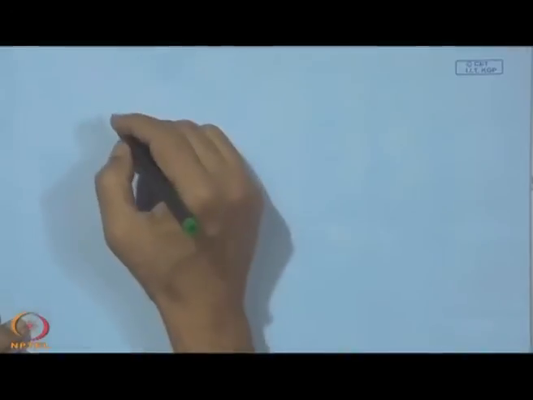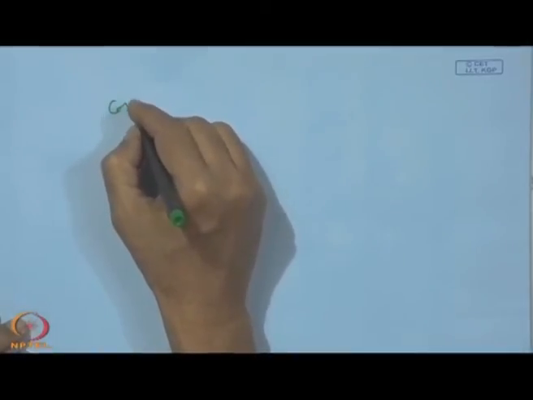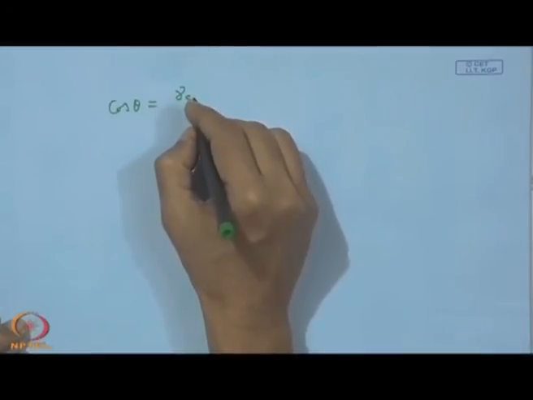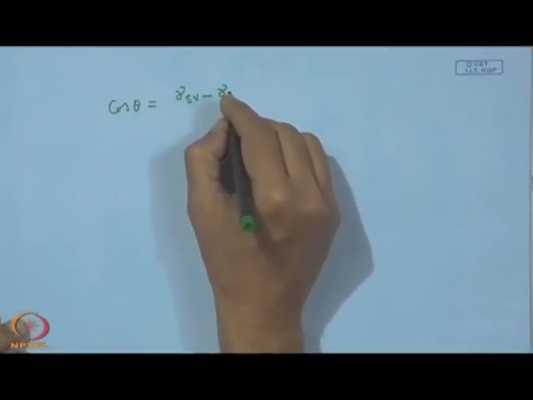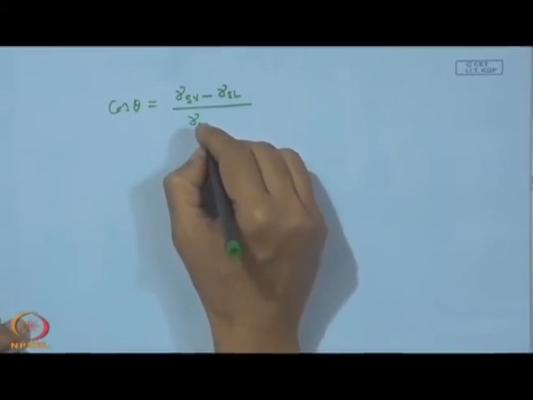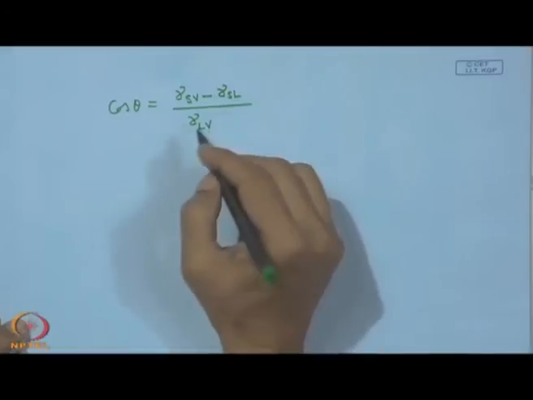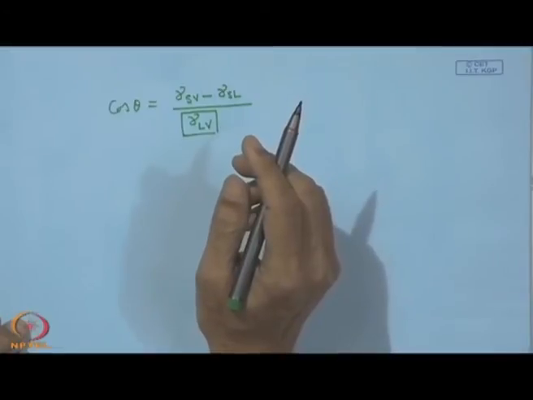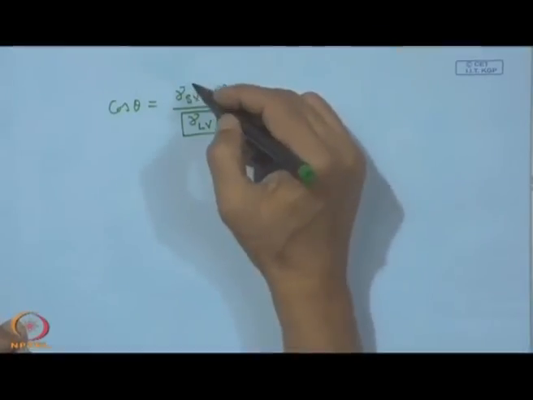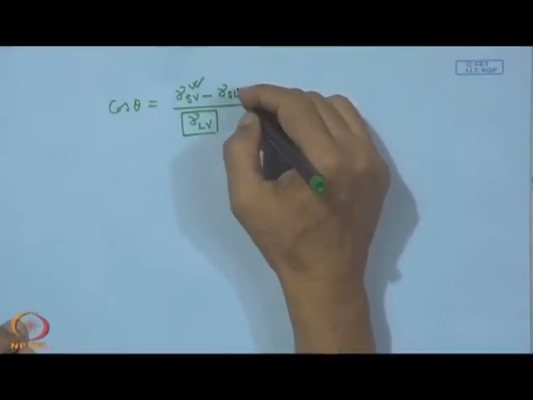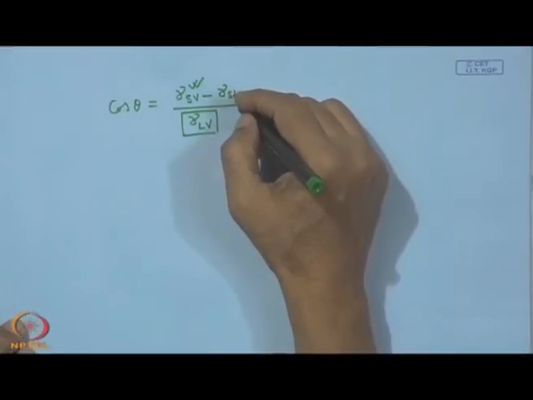Now, if we recall the basic equation of wetting, which is given by gamma SV minus gamma SL by gamma LV, then we find that this gamma LV has a role to play, though it is understood that the predominant role will be played by the surface energy of the solid, and the interfacial energy between solid and liquid should be as low as possible.